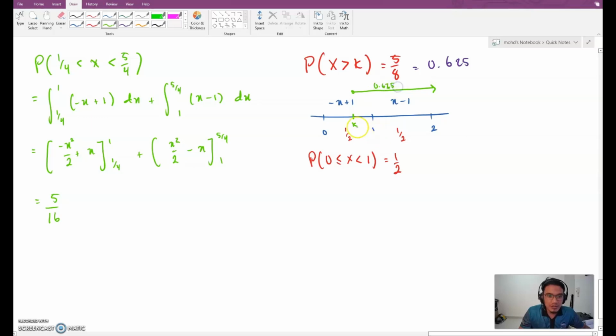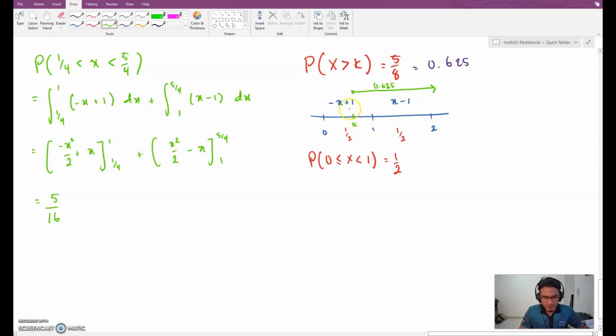This is the only relevant place for k, between 0 and 1. It cannot be between 1 and 2 because the probability would surely be less than 1 over 2. So now we have estimated the possible point for k.